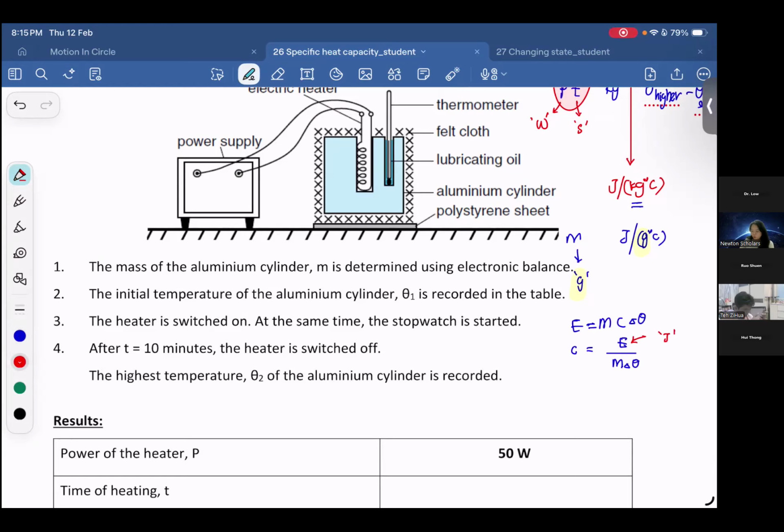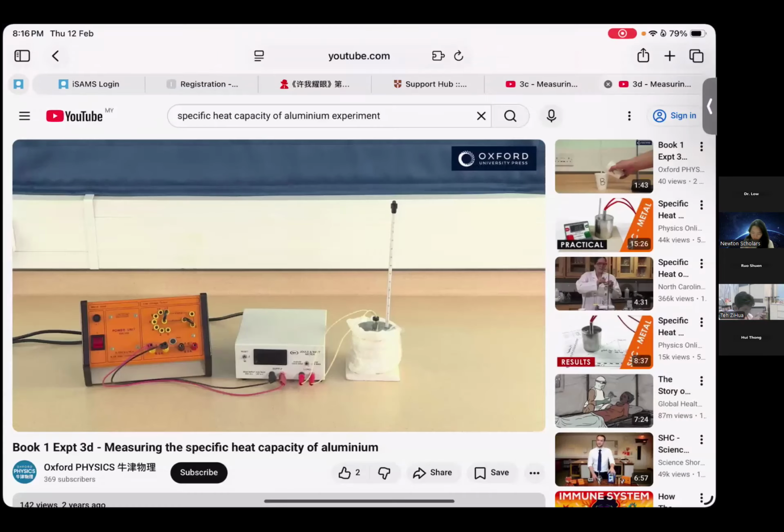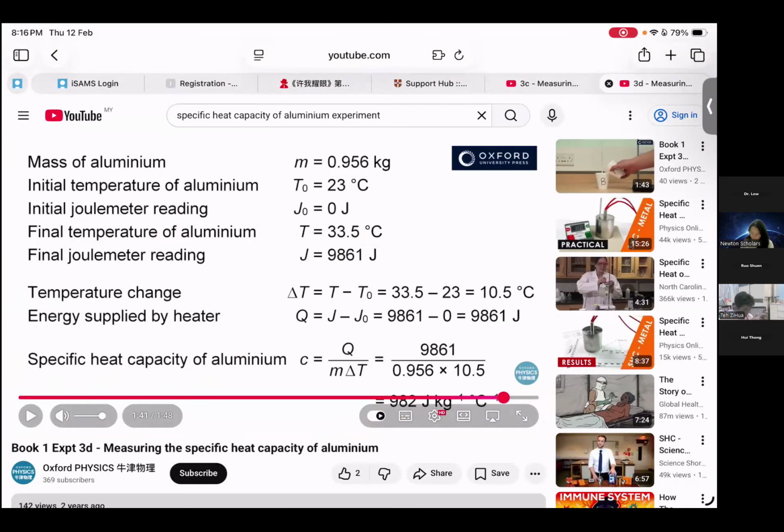It is joule. The unit for mass is kg. The change in temperature is in degrees Celsius. If we combine these, it is joule per kg per degree Celsius. That is the unit for C. No need to memorize; we rearrange the formula, and from the formula we know the unit. Okay, then let me show you the video of how the experiment is conducted.